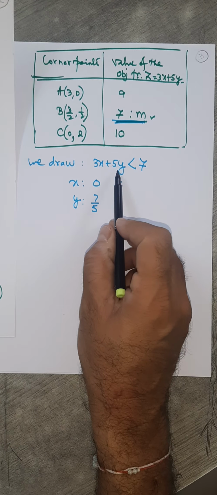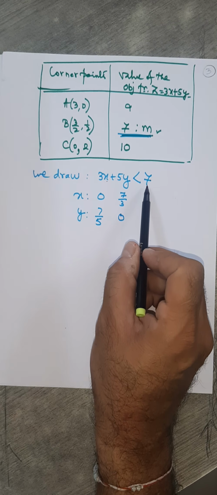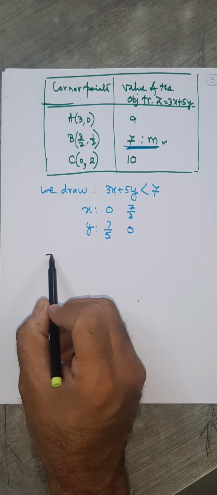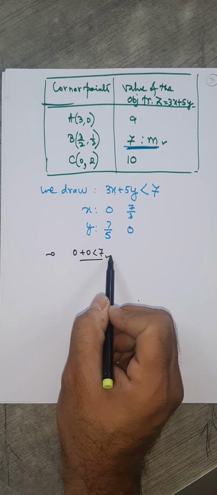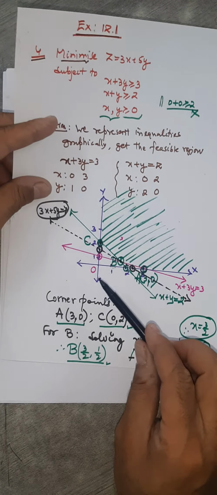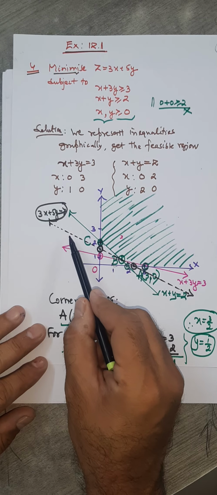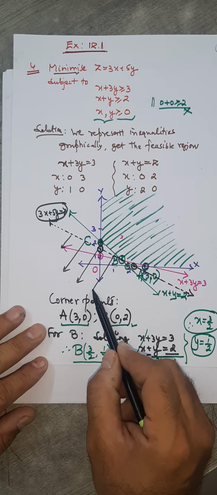Where is the inequality here? 0 plus 0 less than 7. Is this true? Yes. That means the half plane that contains the origin is the required half plane. So this is the required half plane.